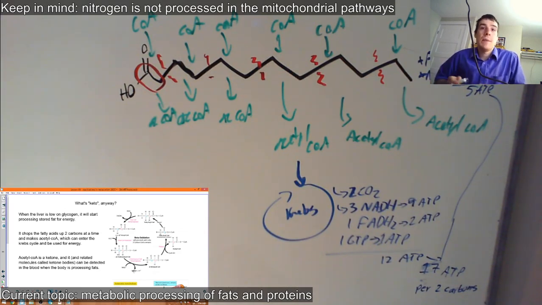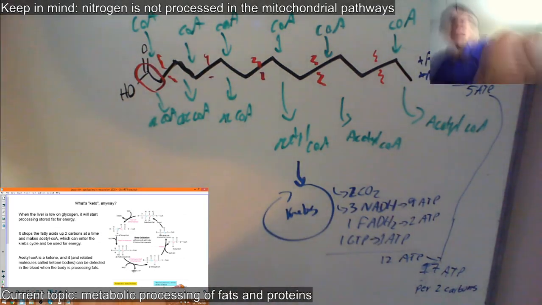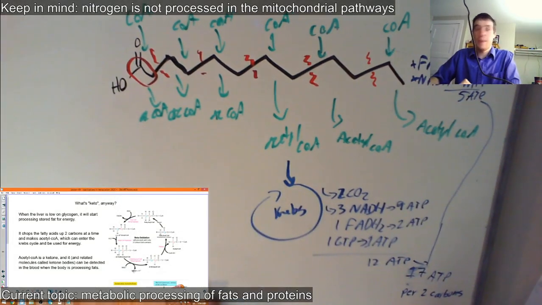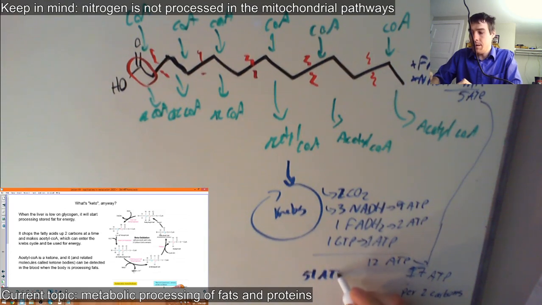And that's why fats are our main energy storage, because like I said, 17 ATP for 2 carbons. If we think about that, 17 ATP per 2 carbons, if you multiply it by 3, that's 51 ATP per 6 carbons.